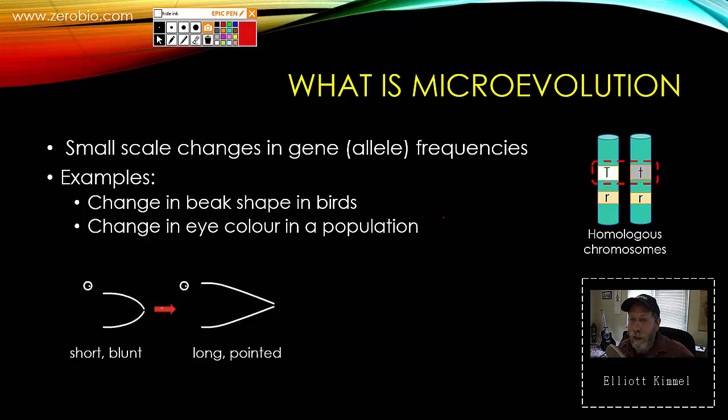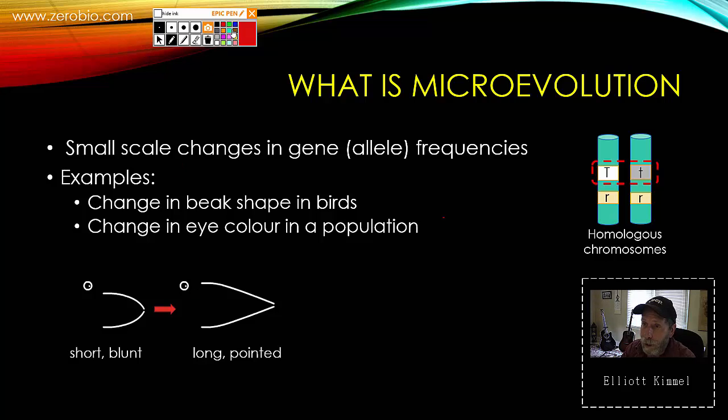Imagine down here we've got a bird with a short, blunt beak. And over time, we get a long, pointed beak. This would be microevolution. We're not going from a bird with a short, blunt beak and switching over to flat feet or something like that, all right? We're just looking at one particular sort of trait that's changing within that population of birds.